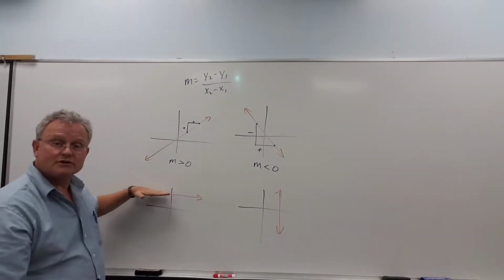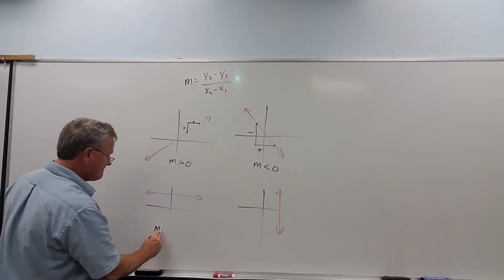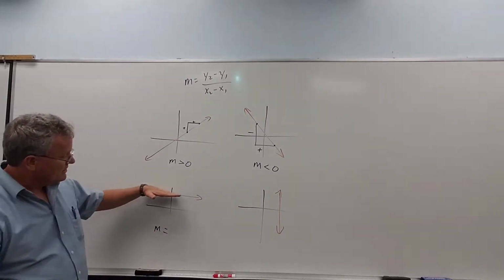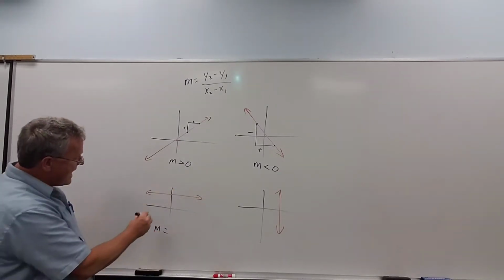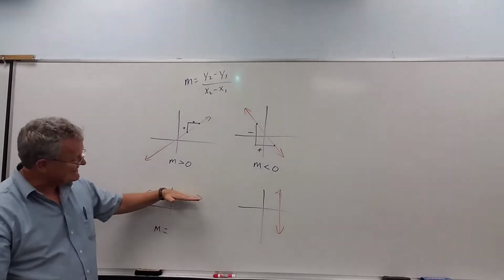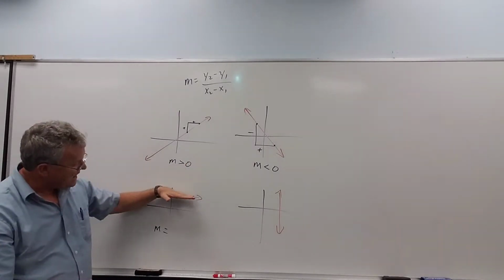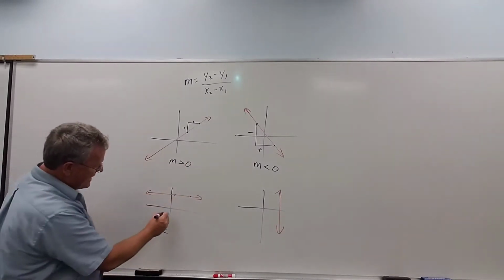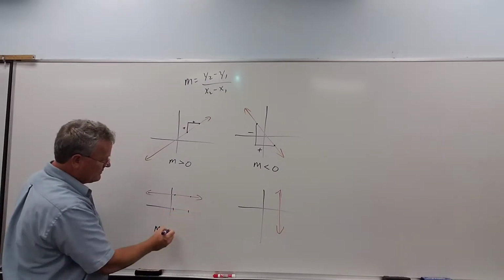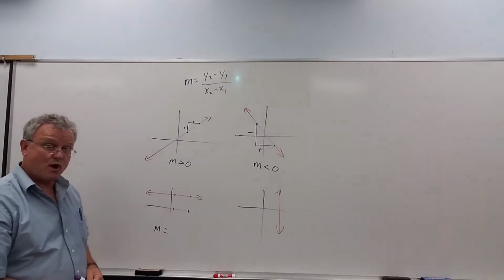When we have a horizontal line, what is the value of the slope? Well, notice here, when you pick 2 points, y stays the same. Once you tilt it, now y changes. But here y stays the same. X changes from here to here, but for this point and this point, they both have the same y value.